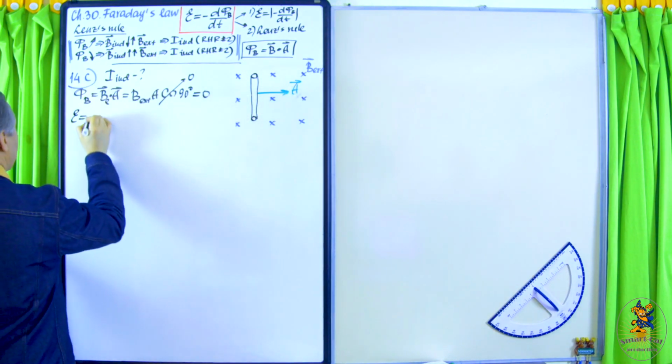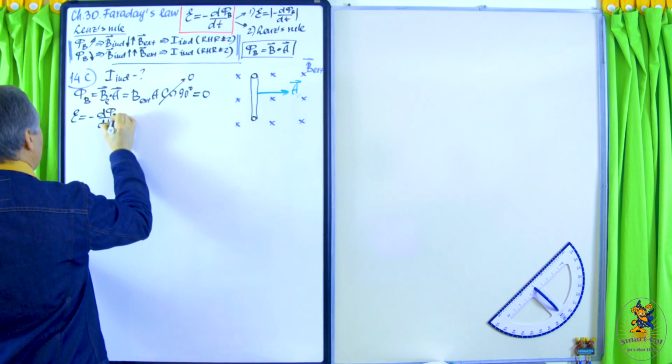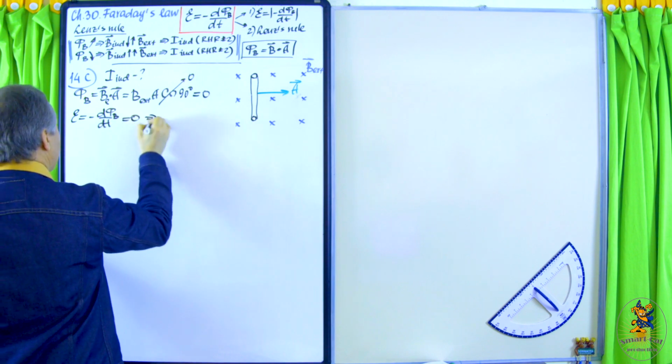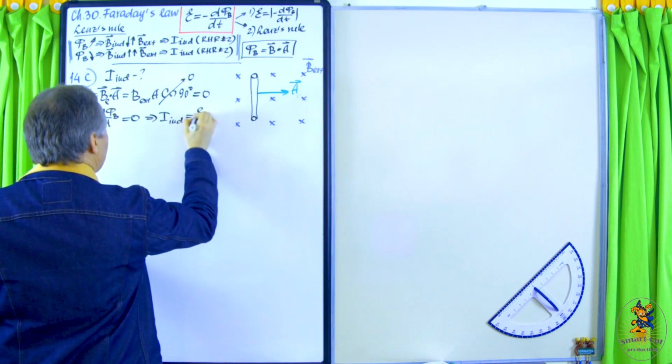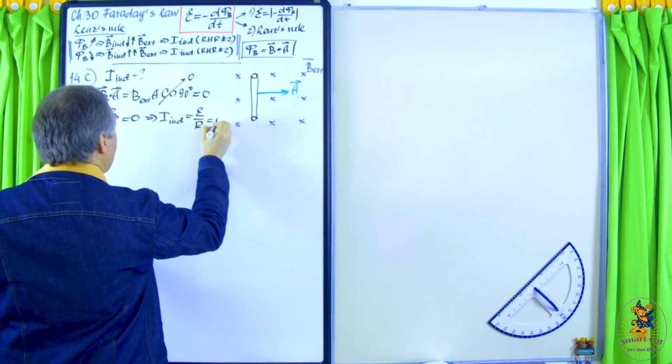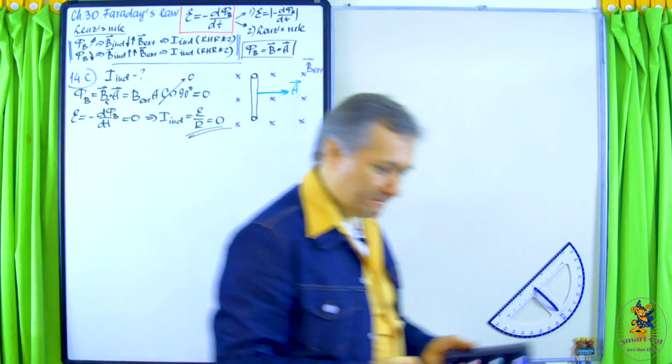So EMF equals minus d phi over dt. So it will also be 0, and as a result, the induced current, which is EMF over the resistance, will also be 0.